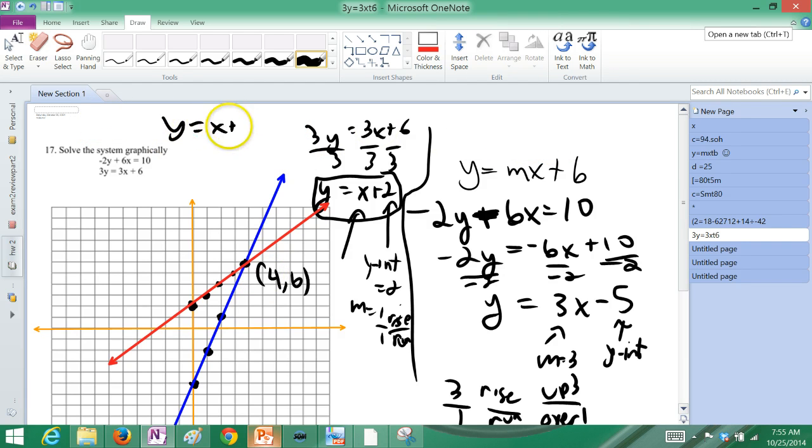So y is x plus 2, and y is 3x minus 5. No, doesn't work out, because when x is 4, this guy is a 6, while this guy is 12 minus 5, which is 7. So it's not quite right.